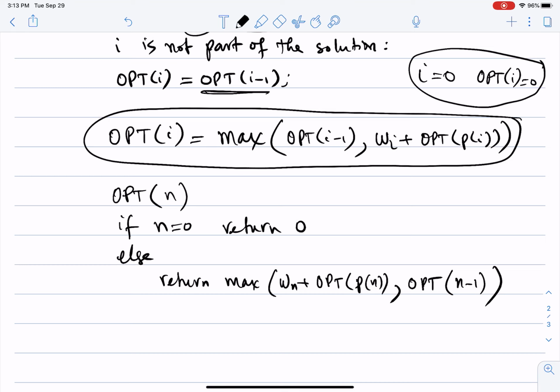Okay, so notice that these are two recursive calls. So you call opt on n minus 1, you call opt on P of n, and you return the maximum between opt of n minus 1 and opt of P of n plus W of n.